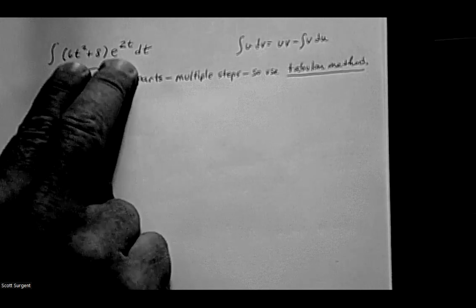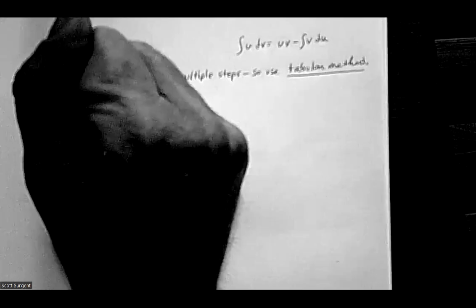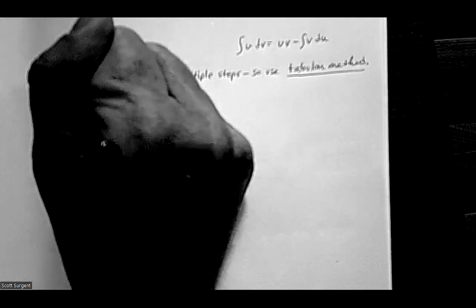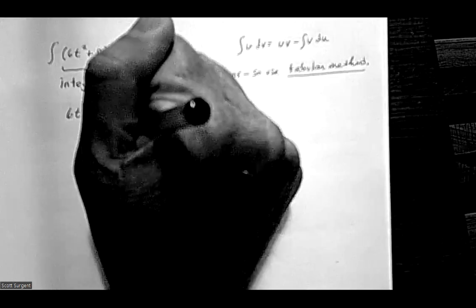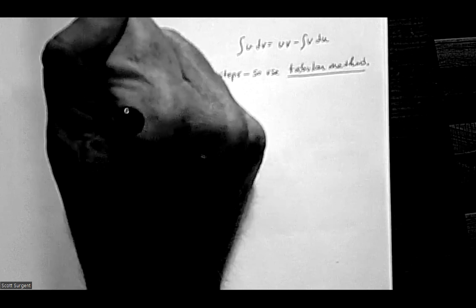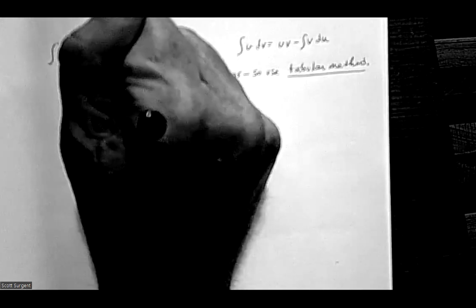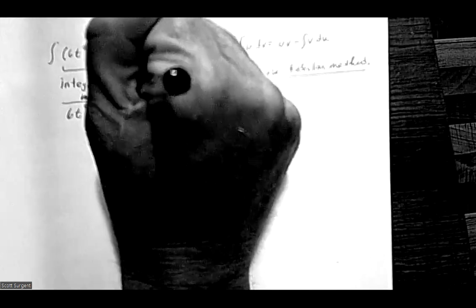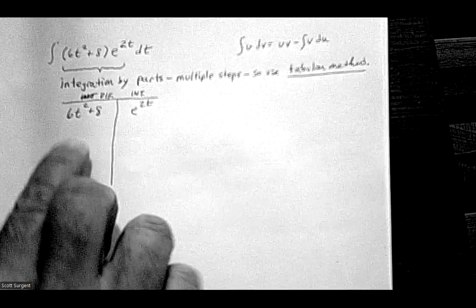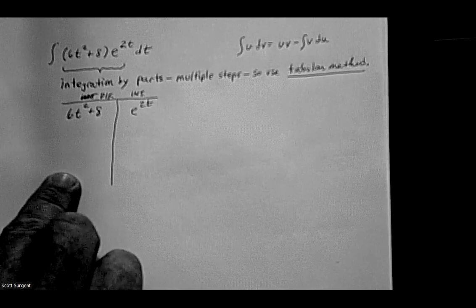So what you do is you take your 2 parts, you make a couple of columns. The first column, you're going to differentiate. The second column, you're going to integrate. And you're going to differentiate until you're down to 0.